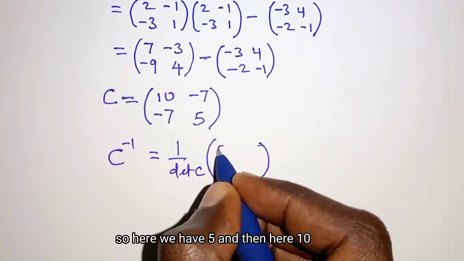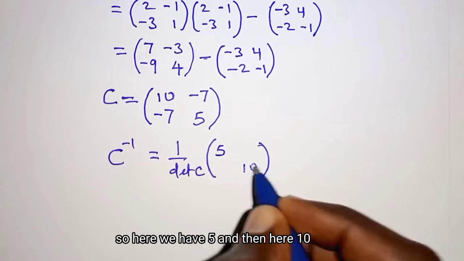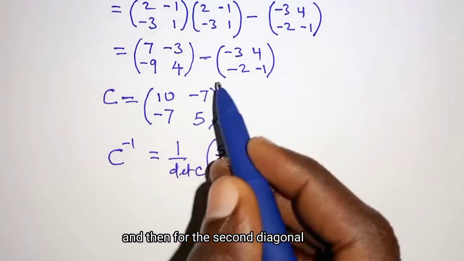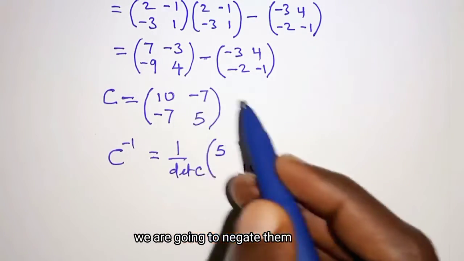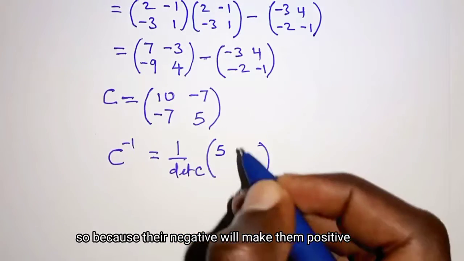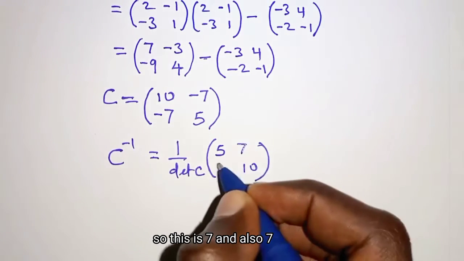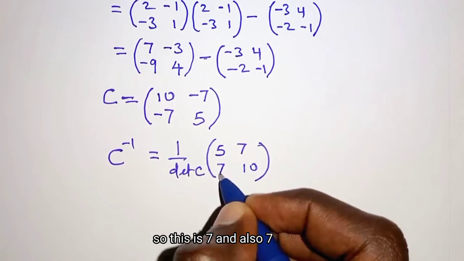So here we have 5 and then here 10. And then for the second diagonal, we are going to negate them. So because they are negative, we make them positive. So this is 7 and here also 7.